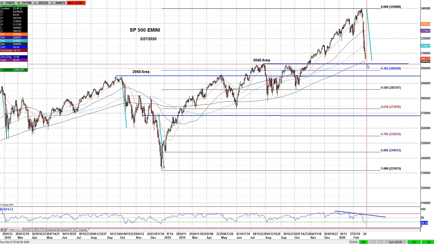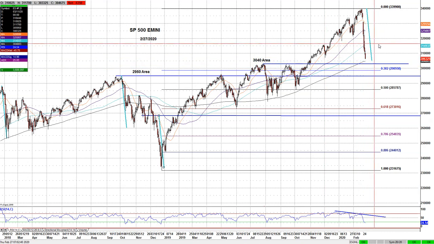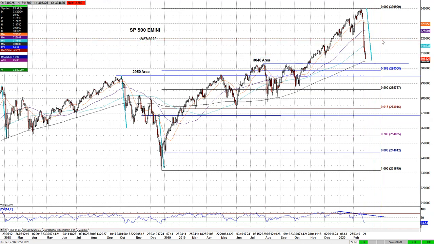So any support, when the market does find support and moves back up, is going to do a lot of testing. So a good exercise to do is to go in and look and see where some of those resistance areas are back to the upside.